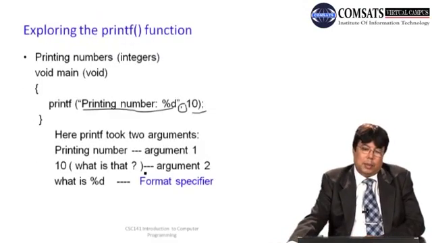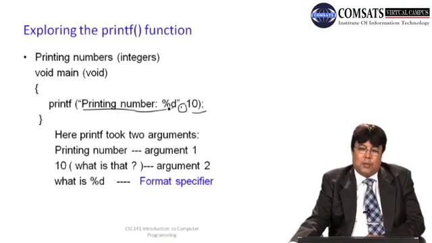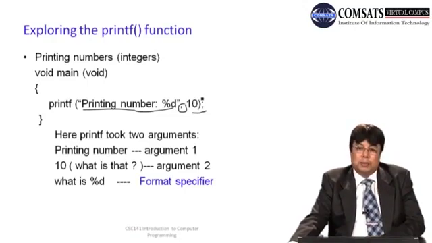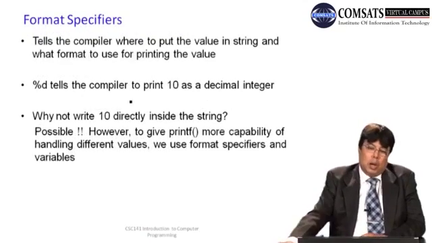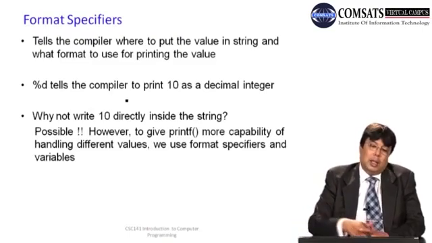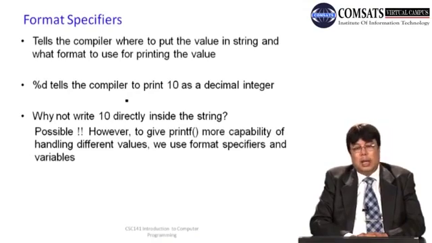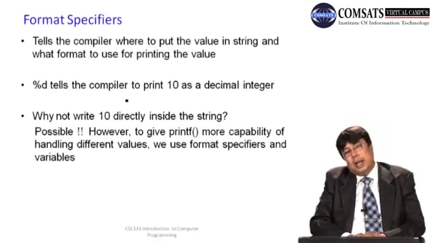Let's go back. This format specifier tells the compiler where to put this value 10 and what should be its type. %d जिस जगह पे लिखा गया है उस जगह पर तो वो वैल्यू राइट करेगा, लेकिन %d का अपना एक मतलब है. %d tells the compiler to print 10 as a decimal integer. So d stands for a format specifier of decimal integer.